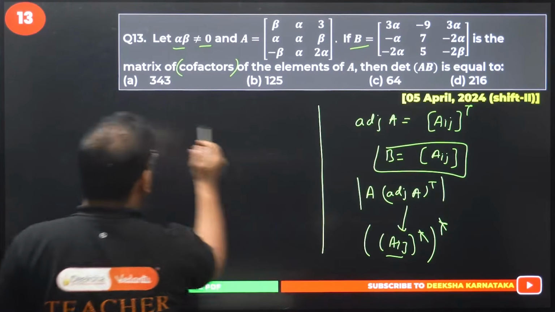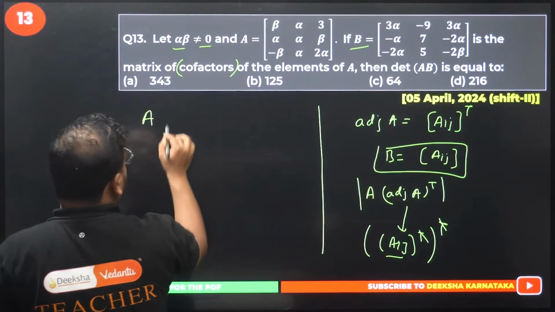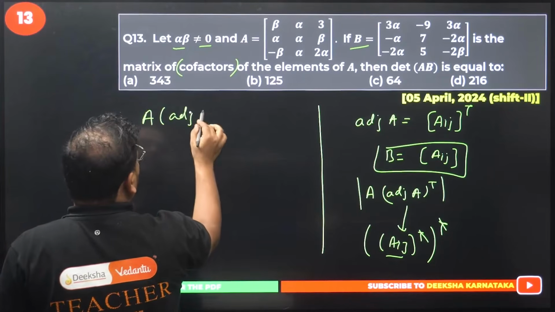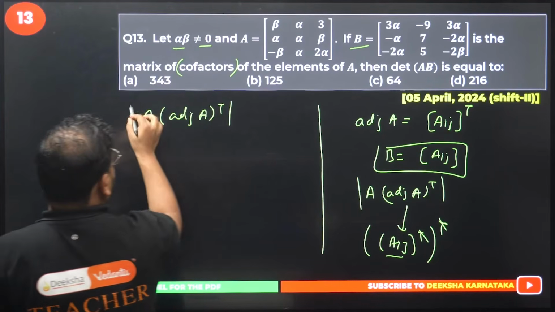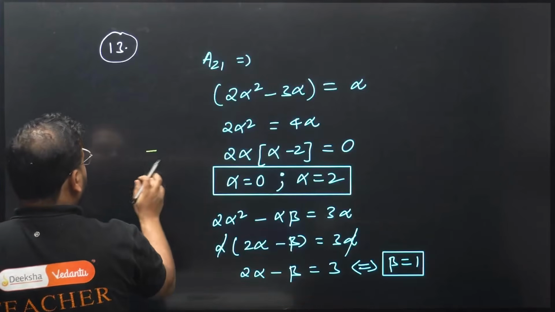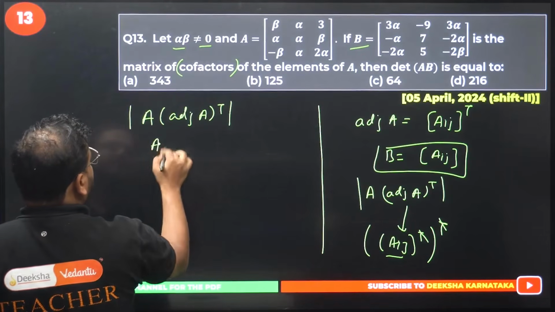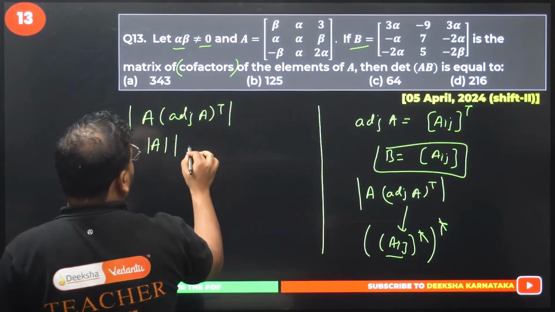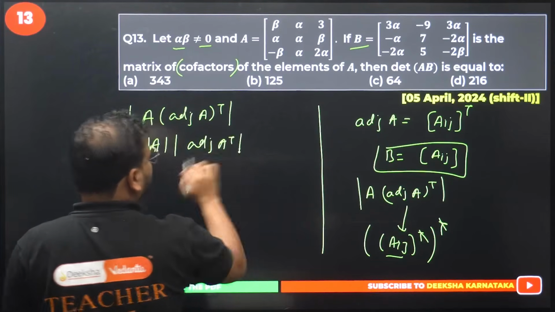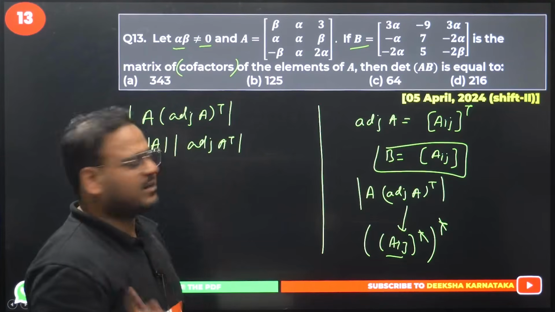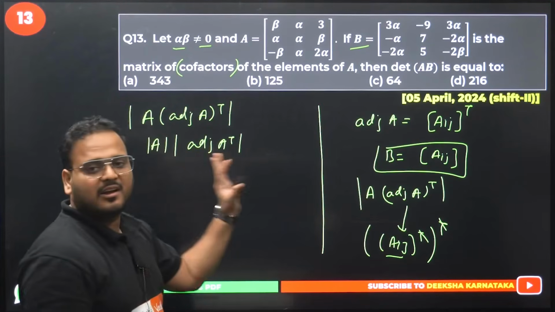So I'm looking for A times adjoint of A transpose. Basically it becomes determinant of A times determinant of adjoint of A transpose. Does the transpose matter? It does not matter, because when we are finding the determinant, it remains as it is.